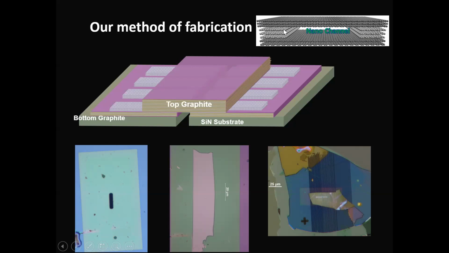Now you see the height of the channel, you can control. You can control the height from one layer to any number of layers. That is the beauty of this channel. So we made the first ultimate membranes, ultimate channels, because you can even make the channel 0.34 nanometer thick, because that is the thickness of graphene.